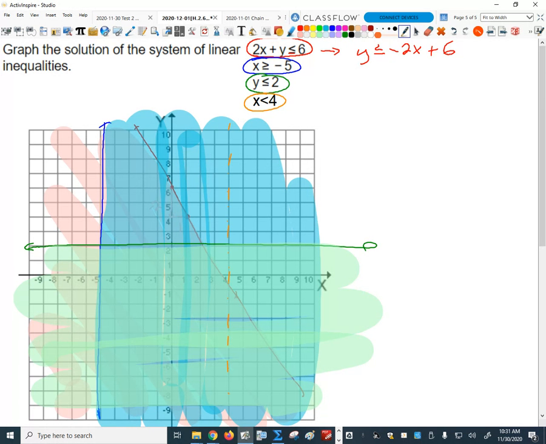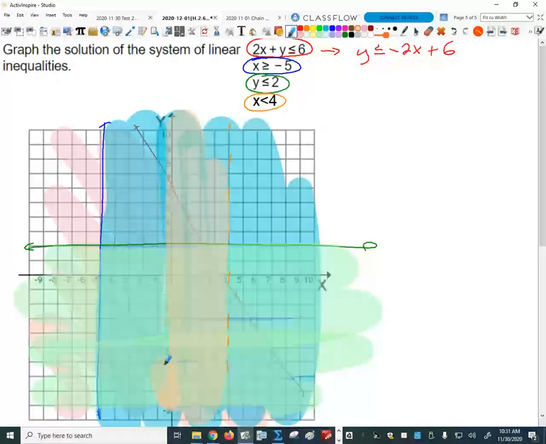So there's our vertical line, and we're shading to the left of that. And so we end up with doing that, right?